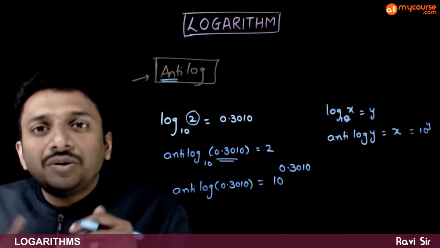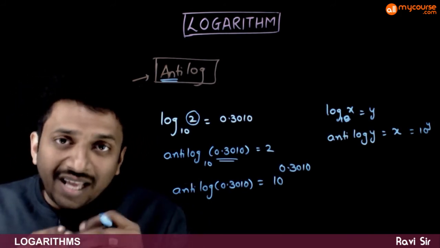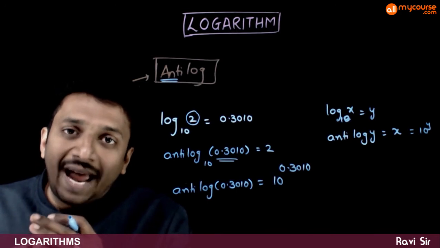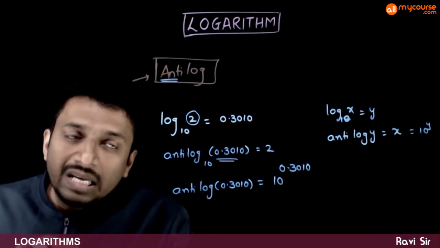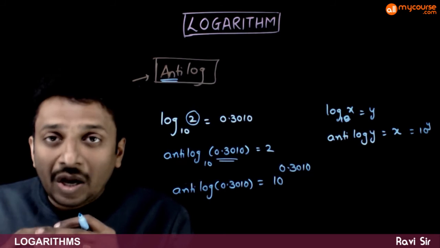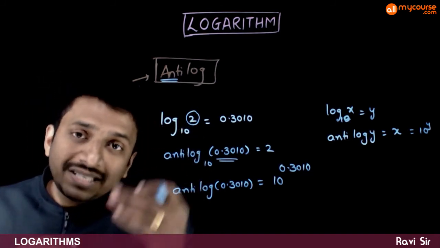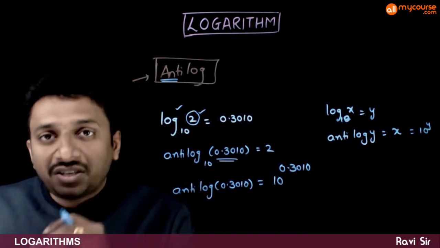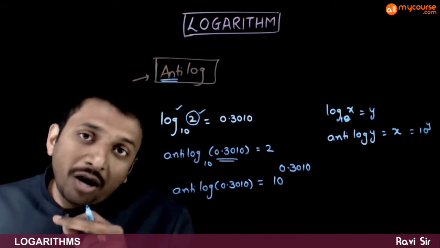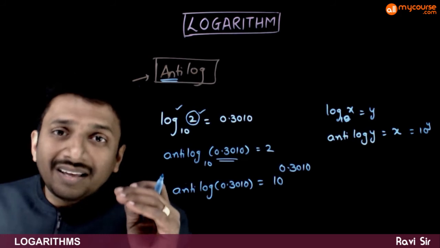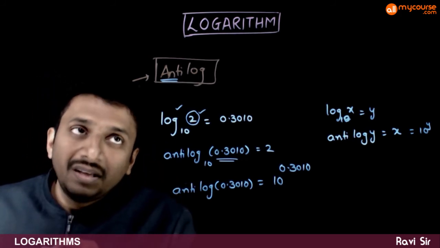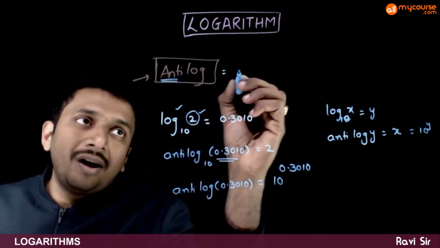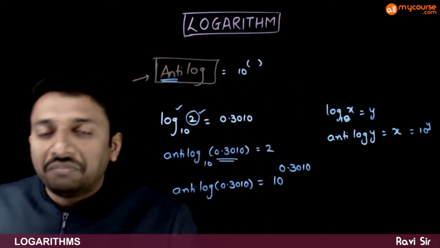So 10 raised to the given number is called the anti-log of that number. Whenever you see the tables of logarithms, the log tables give you log of some number to the base 10, and anti-log tables will give you 10 raised to that number. So I hope you have understood anti-log is nothing but 10 power the number.